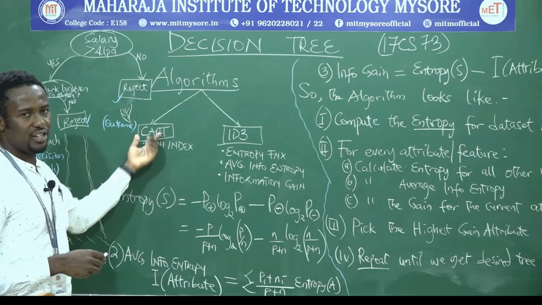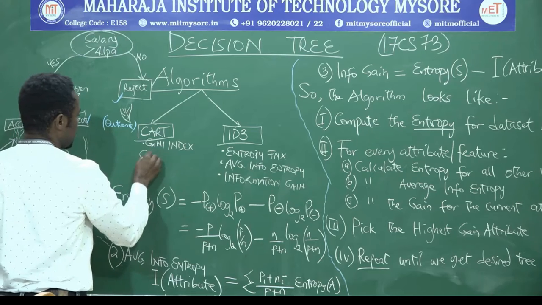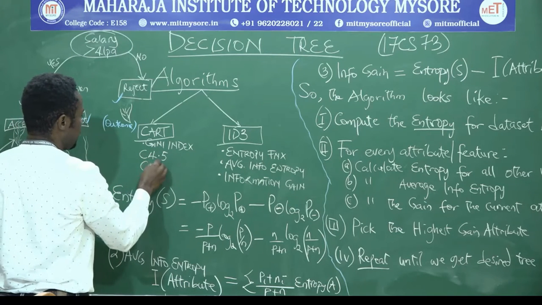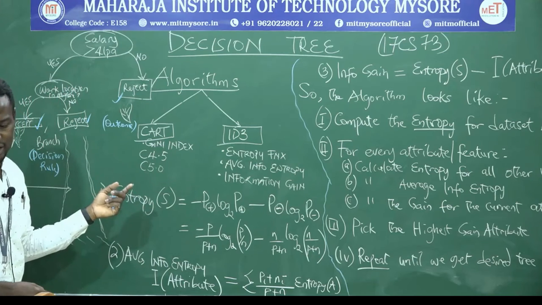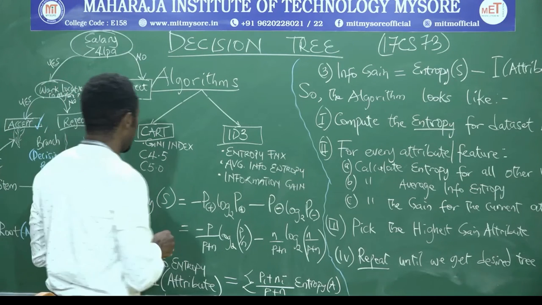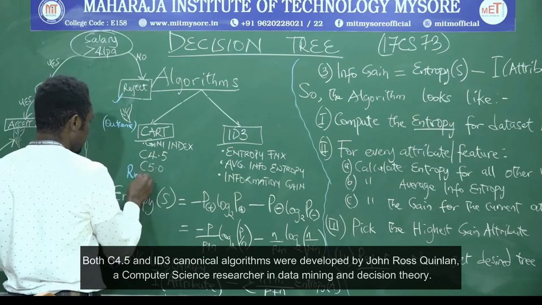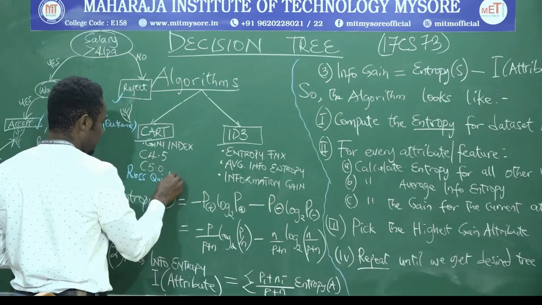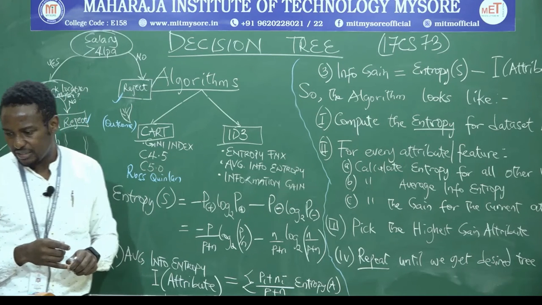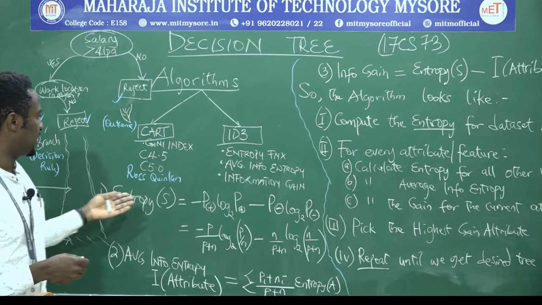Apart from CART, we also have C4.5, where C stands for classification, and C5.0. These are a series of algorithms developed by Ross Quinlan, R-O-S-S.